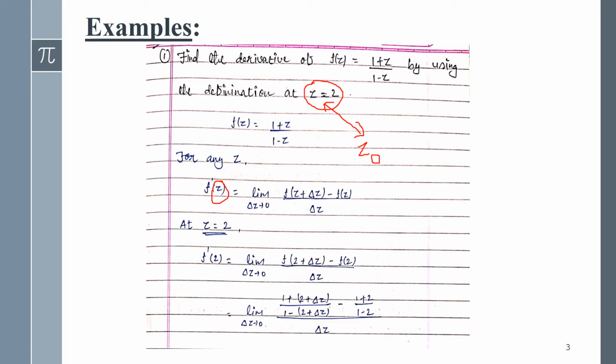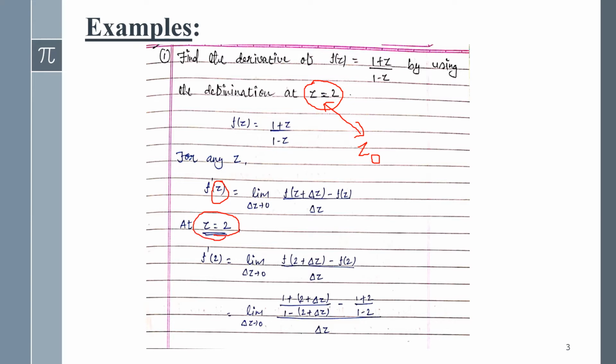First of all I am writing the formula for the function: f dash z equals limit delta z tends to 0 of f of z plus delta z minus f of z upon delta z. In place of z0 I have written z here. Now the value of z is given as 2, so I am going to substitute this value in the formula.